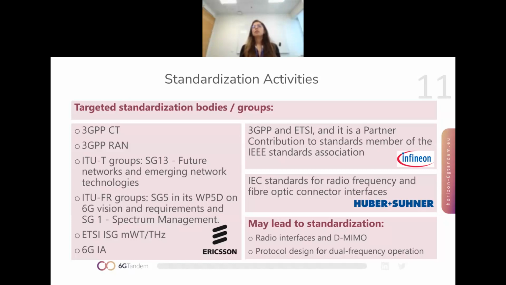Infineon will take their share to contribute to standards as well, and Huber+Suhner with the IEC standards for radio frequency and fiber optic connector interfaces. And what may lead to standardization, we figure it's the radio interfaces, the D-MIMO, the protocol design for dual frequency operation. And I am done, I guess. That is my last slide.